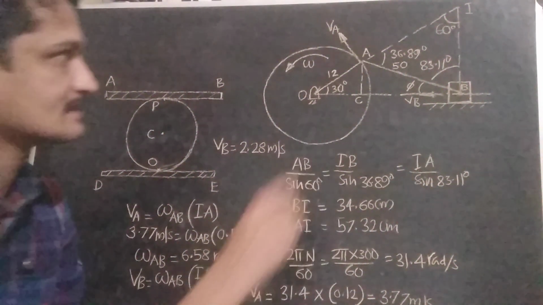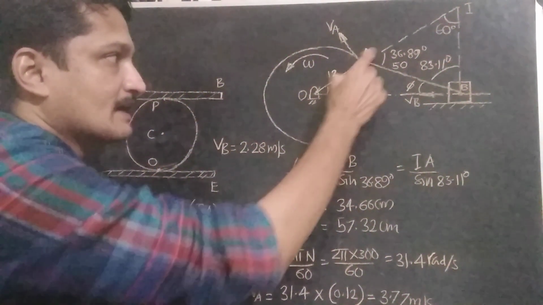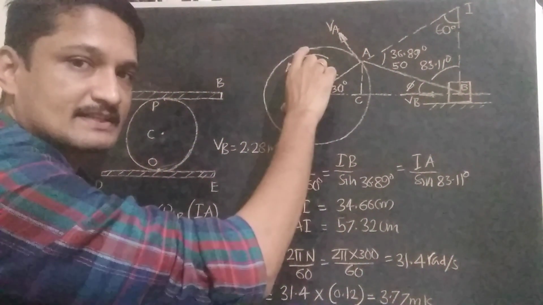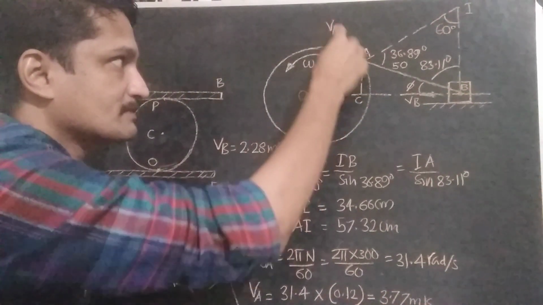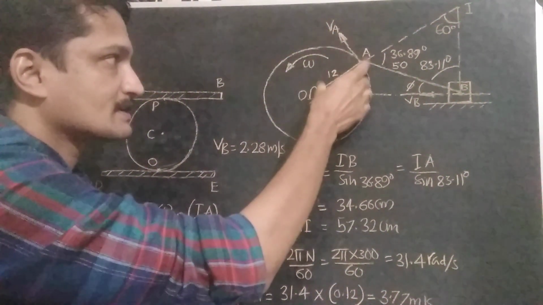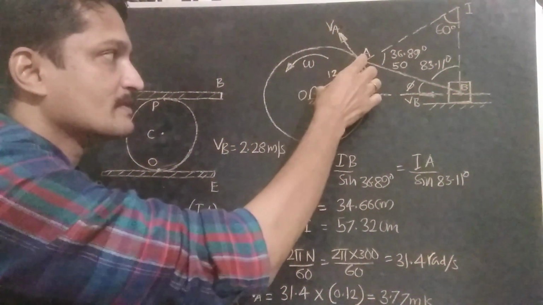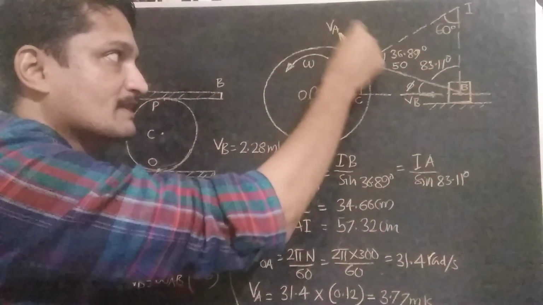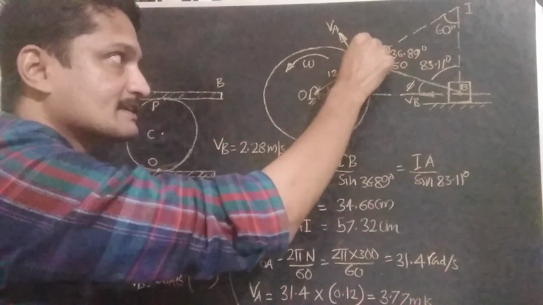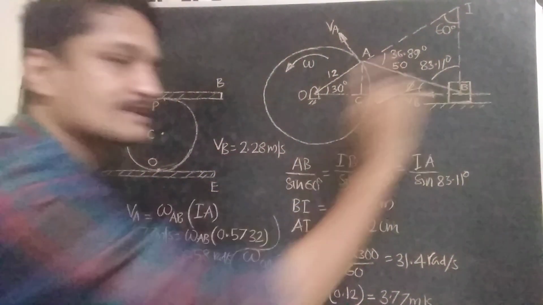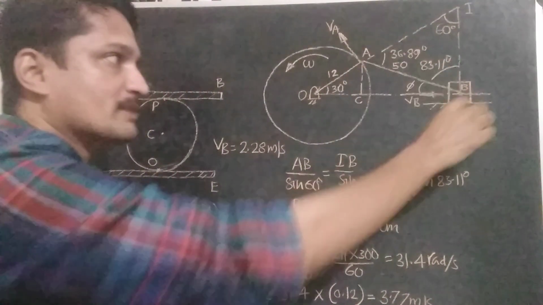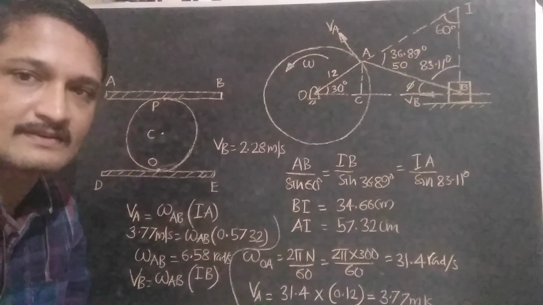Here we first consider this point A as a point in the crank and find the velocity of A by using the equation omega OA into OA. Then we apply that same velocity when we consider point A as a point in the connecting rod. Then we can find the omega of this connecting rod, omega AB. That is the concept.